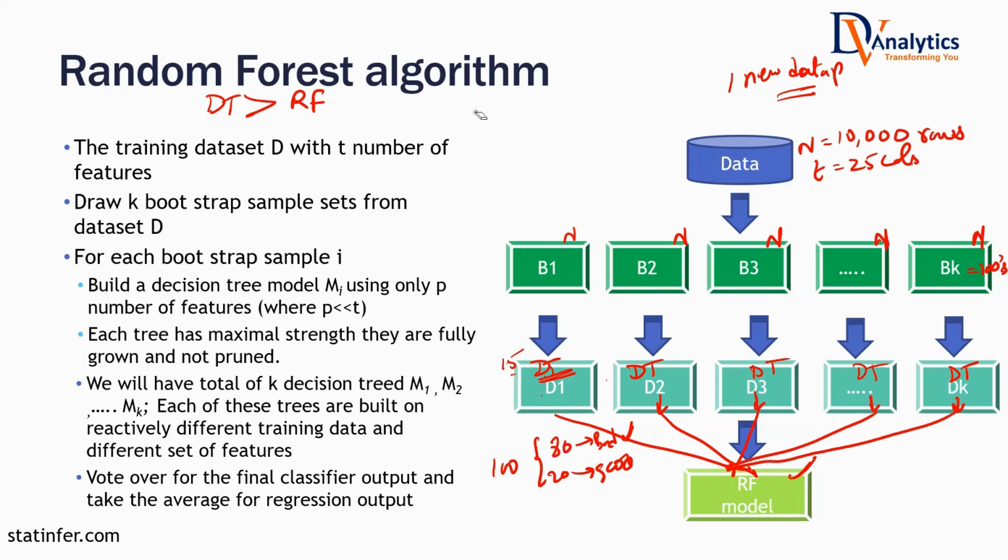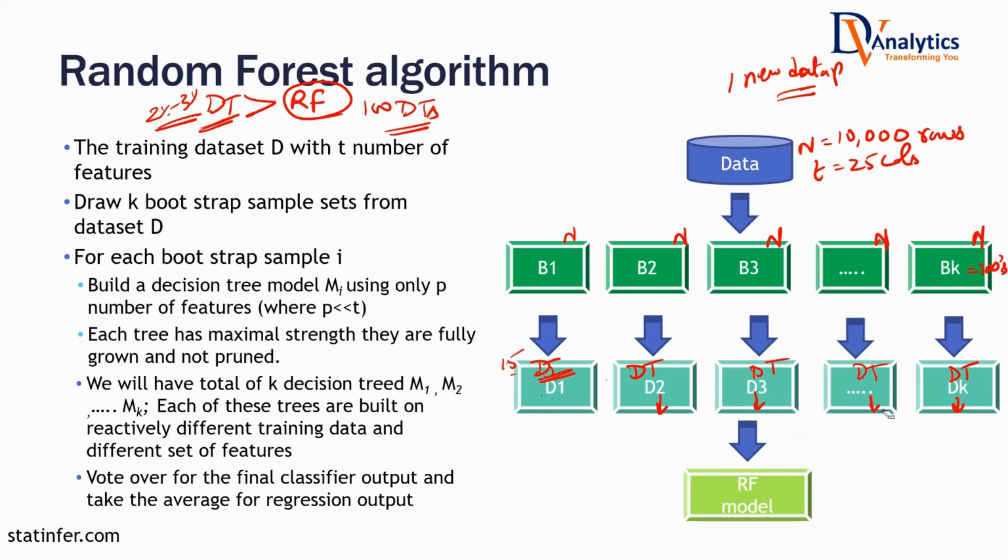A single decision tree was giving 2 to 3% more lift than a random forest where hundreds of decision trees are built. The data scientists were shocked. How come hundreds of decision trees together give less overall accuracy than a single decision tree?